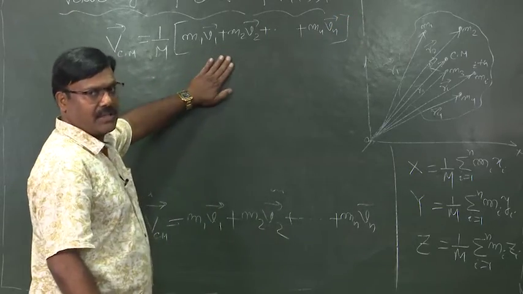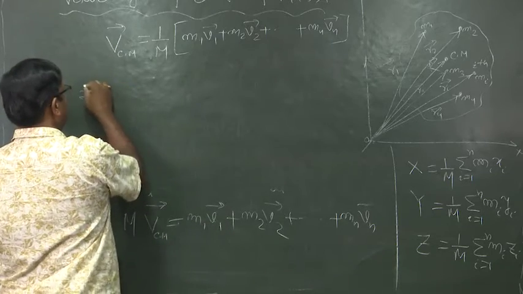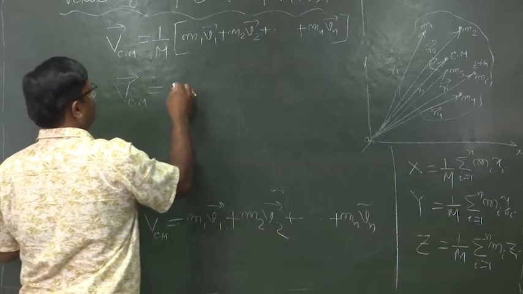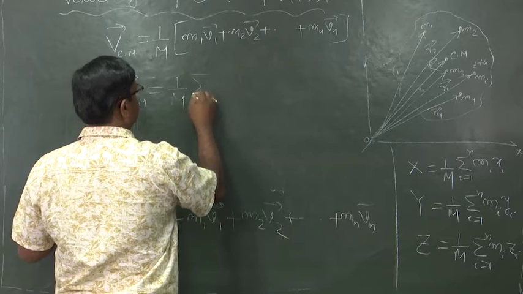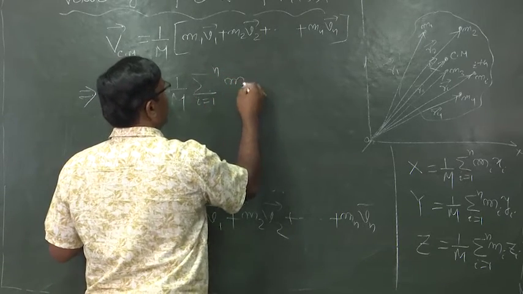And further this expression can be reduced into v cm is equal to 1 by M sum over i is equal to 1 to n mi vi.